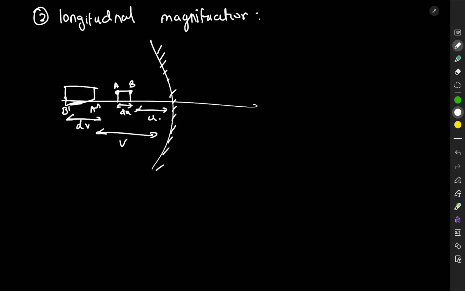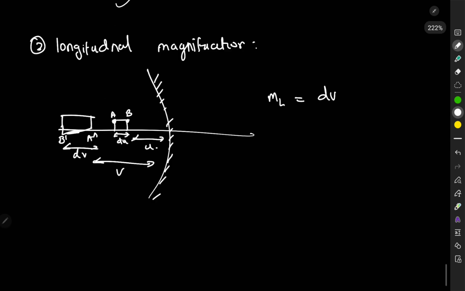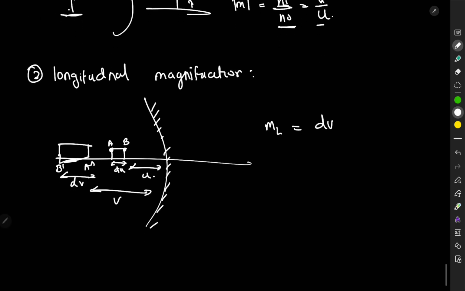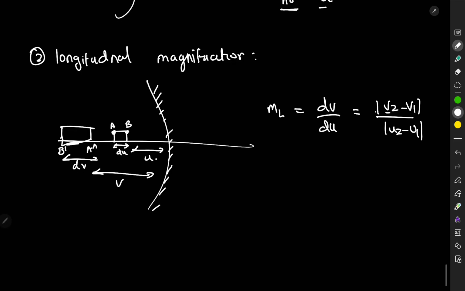Now we write this as dv by du. See, we wrote here height of image by height of object, right? Similarly, the length of image by length of object can also be written as (v2 - v1) divided by (u2 - u1). So what are these quantities?